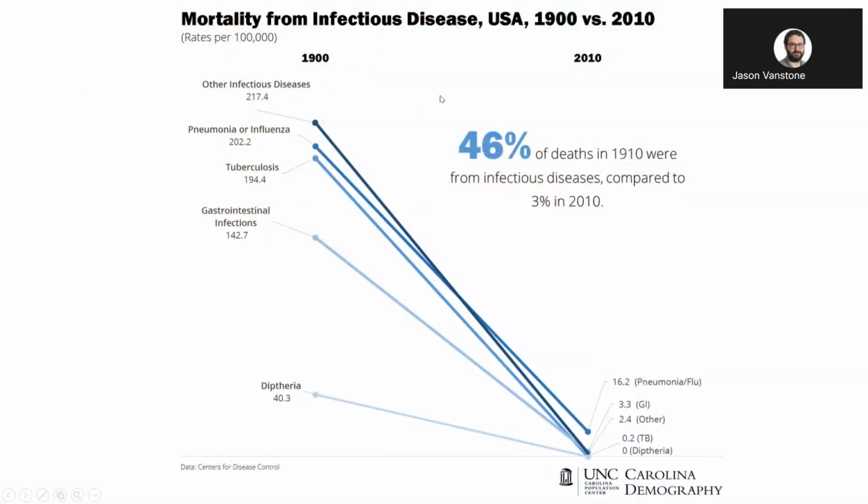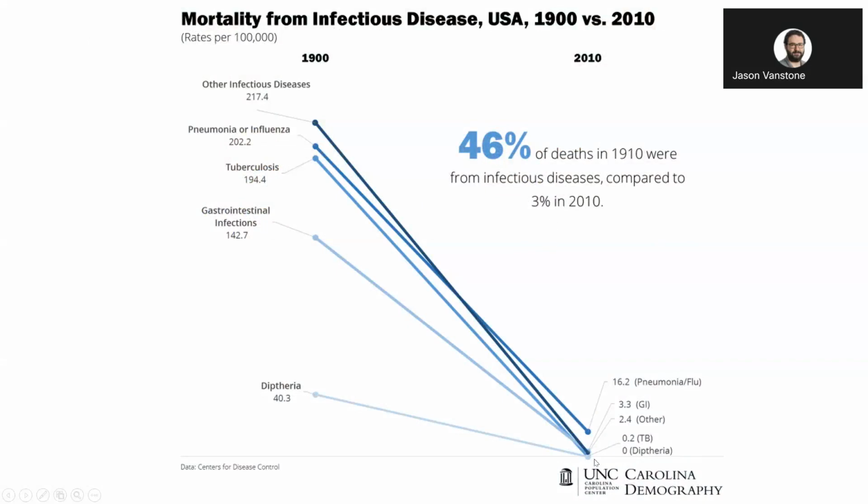Okay, so just to give a big broad background about the importance of infectious disease, so viruses and bacteria, in terms of human history and overall human health. If we look back to about 100 years ago, in the early 1900s, about 46% of the deaths in the United States were from infectious diseases.